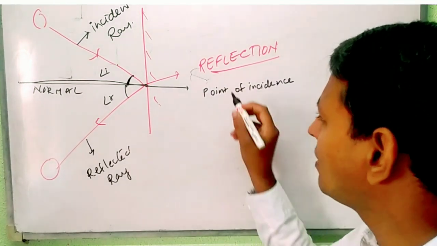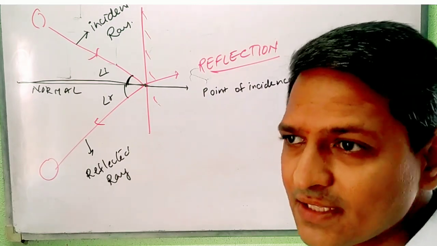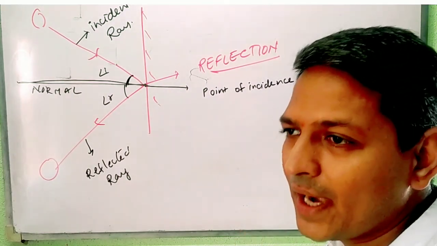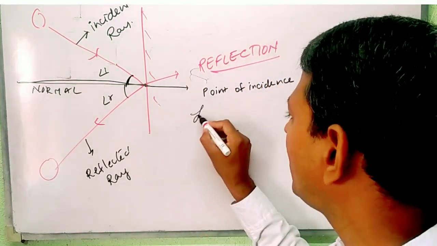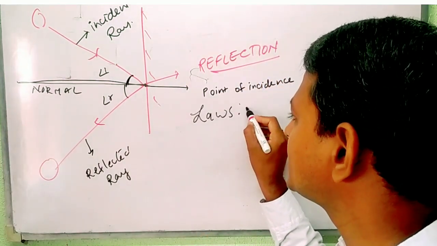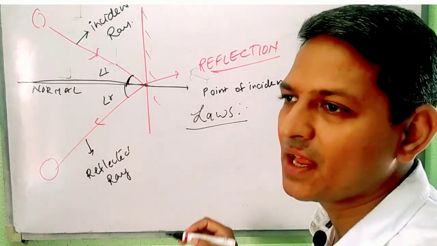So we understood what reflection is: bouncing back of light after hitting a surface. And when reflection is taking place, it follows certain laws. So what are the laws of reflection? This also we have studied in our lower classes.